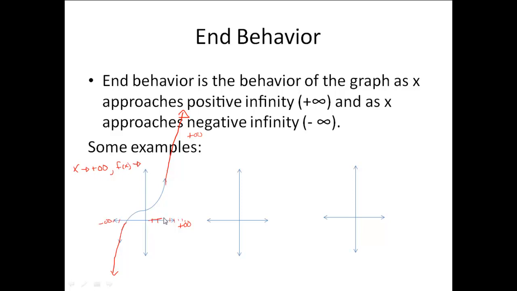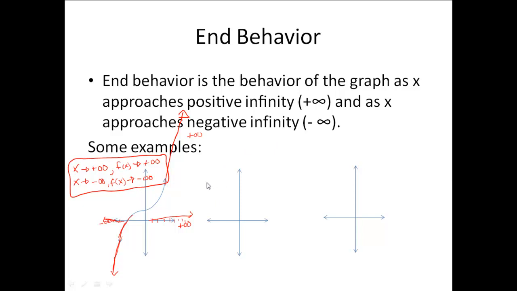Well, as my x approached positive infinity, my graph kept going up and up, so that would be positive infinity. And then as x approached negative infinity, f of x approaches, and according to my graph, as x goes to the left, my graph goes down, so it would be negative infinity. This would be the description for my end behavior, and we're always going to use that format.